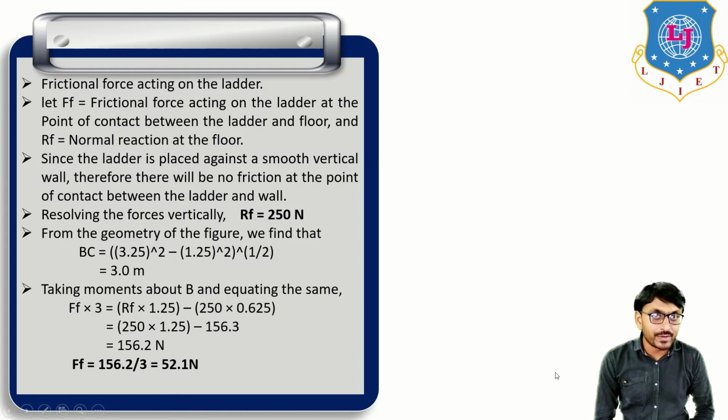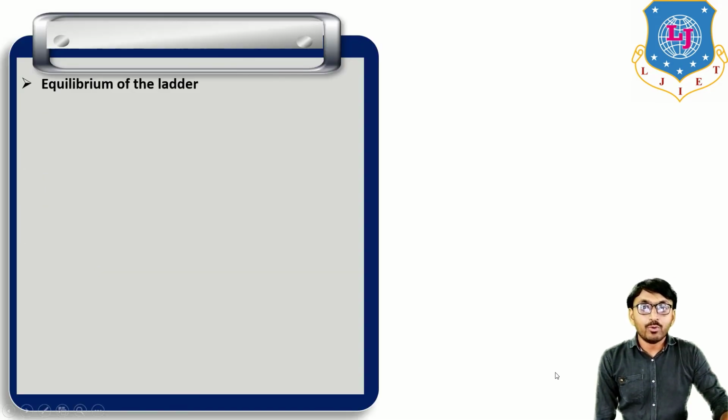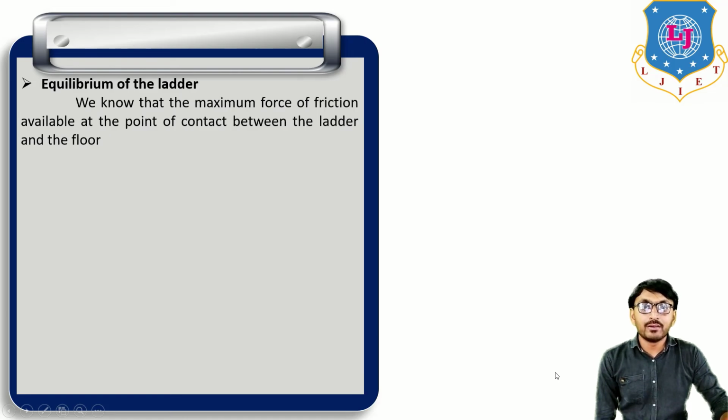FF is the force of friction at point A, RF is the reaction force at point A, and in this example the weight is given. Now, for equilibrium of the ladder, we know the maximum force of friction available at the point of contact between ladder and floor is equal to mu into RF.